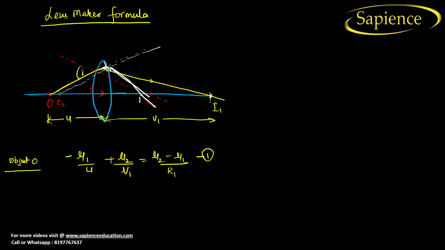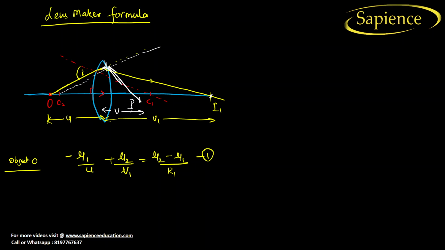The final image is forming here only. See, this is the final image. Let us consider that due to bending it has formed a final image I, so the final image distance is equal to v. Got it? And for this layer, I1 will act as an object.